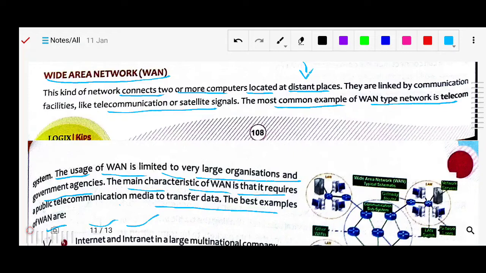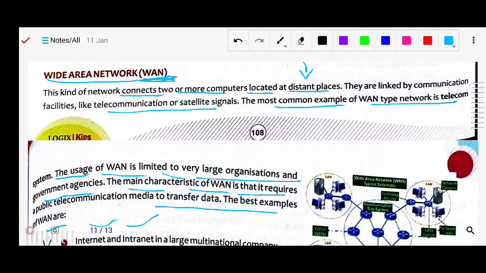Its area is too big, it can be a country, or you can consider that the internet covers the globe. So that is your wide area network, which is sometimes also called a large area network. It is spread over the maximum area, all over the world.